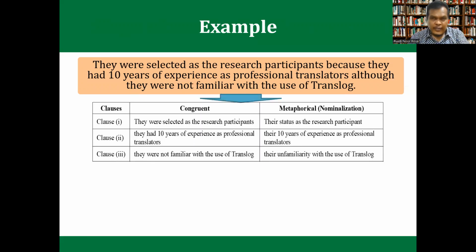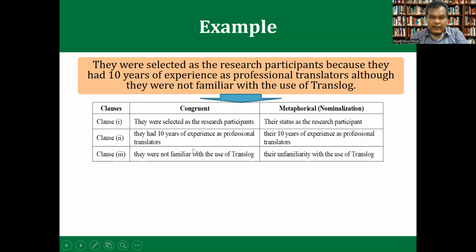Now we have three clauses. The first one, they were selected as the research participants. The second one, they had 10 years of experience as professional translators. And the third one is they were not familiar with the use of translog.